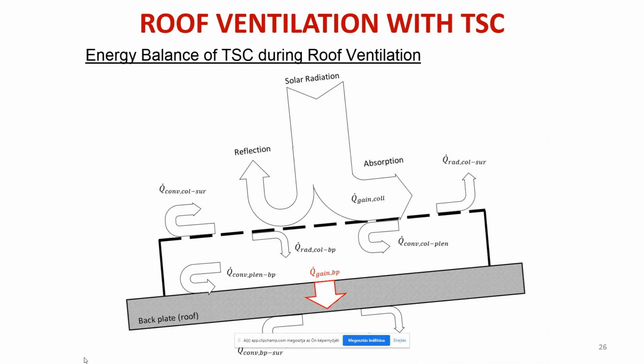And here it's an energy balance of the heat flows on the transpired solar collector. What you see here is we calculated the Q gain, which comes to the backplate from the solar radiation, and this could be expressed from this energy balance.